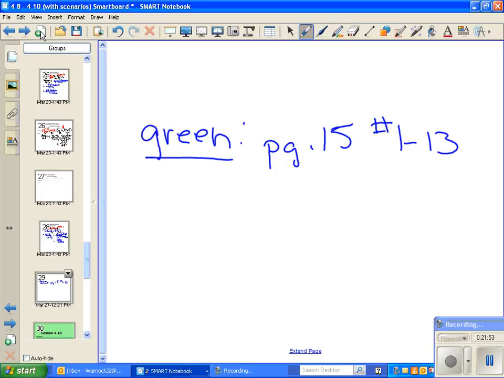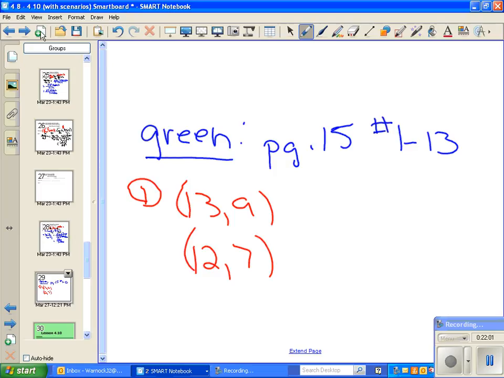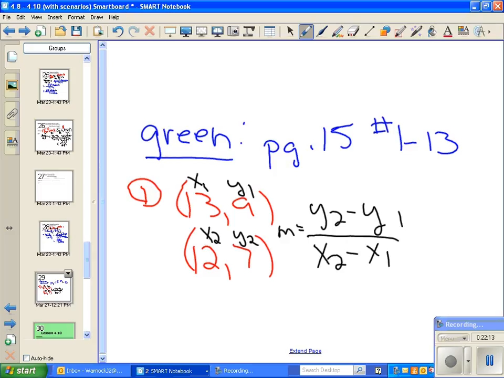They already give you the ordered pair. So for example, number 1 is 13, 9, 12, 7. Label your ordered pairs, x1, y1, x2, y2. Write down the slope formula, y2 minus y1 over x2 minus x1, and then substitute the numbers in.